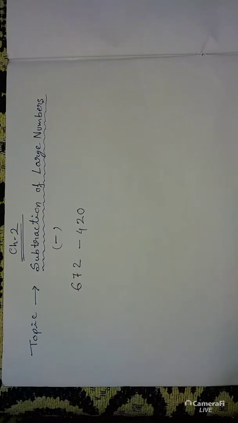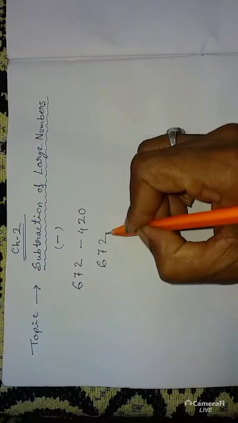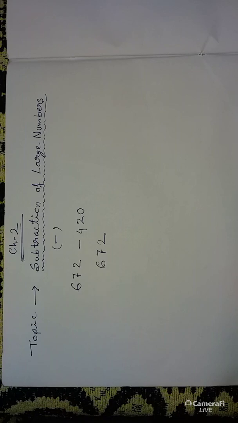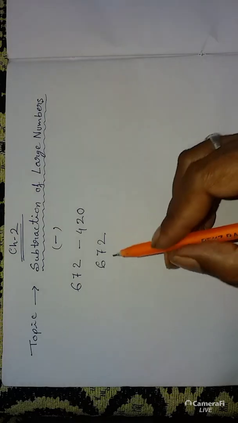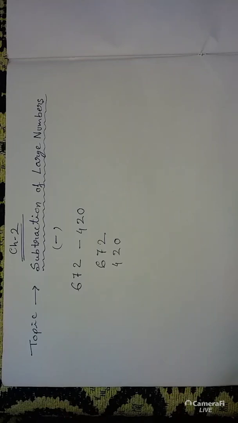Then how can we obtain the subtraction? We will write the number from which the subtraction should be done, and the number just below it which is to be subtracted, and give a proper subtraction sign.